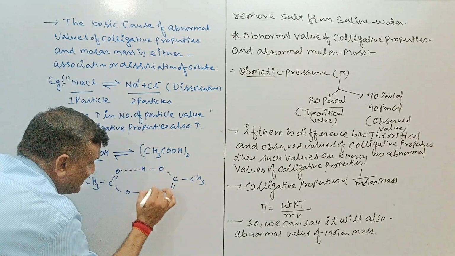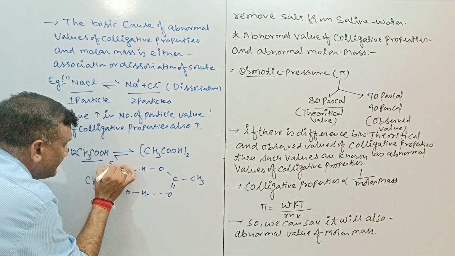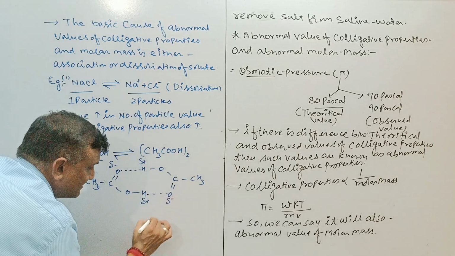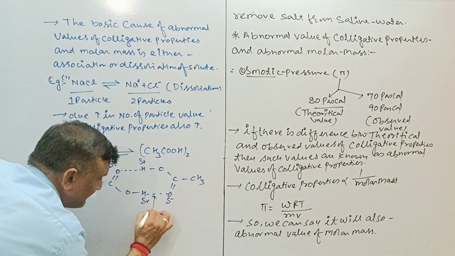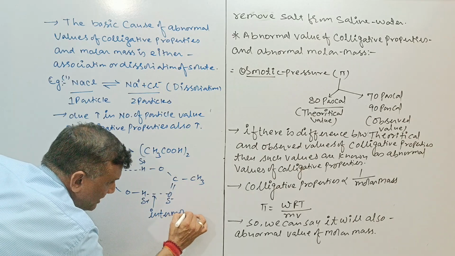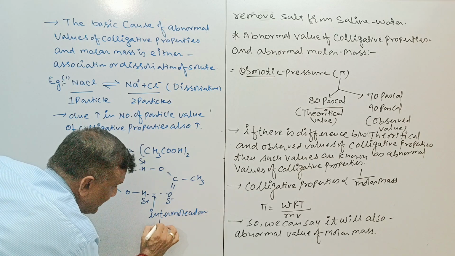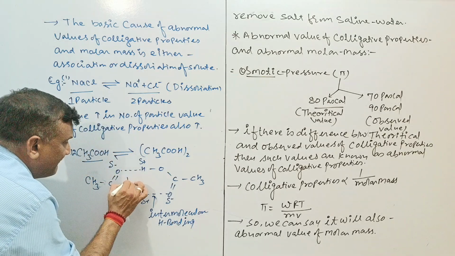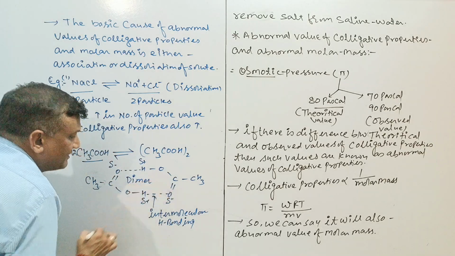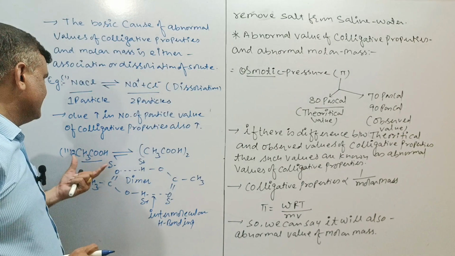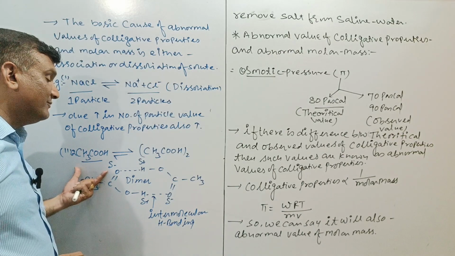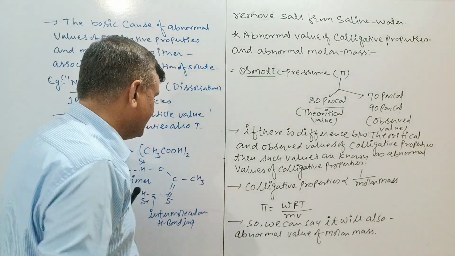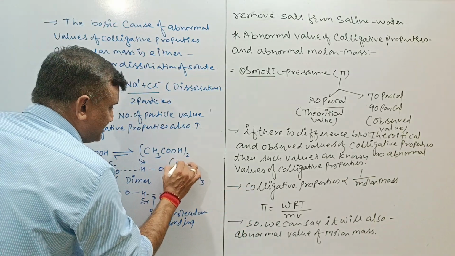Here is the intermolecular H bonding, delta minus, delta plus, and delta minus, and here there will be formation of a dimer. So due to formation of the dimer, the theoretical value is two particles, and as an observed value there is only one particle. This process is called association.